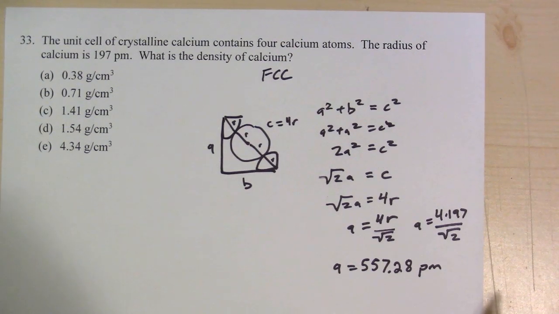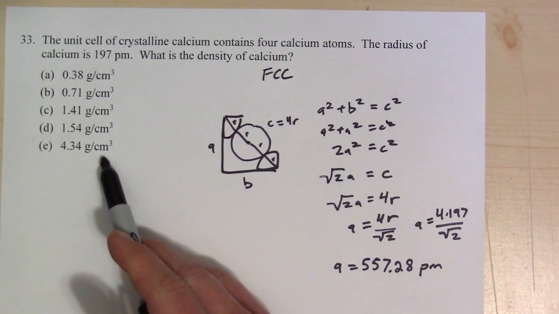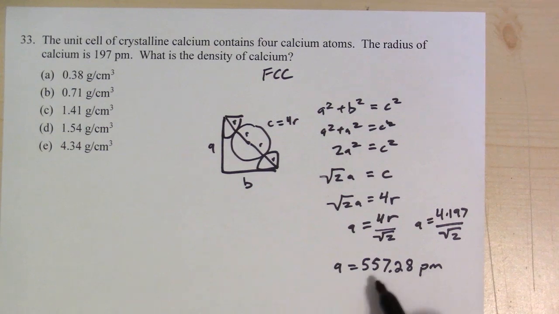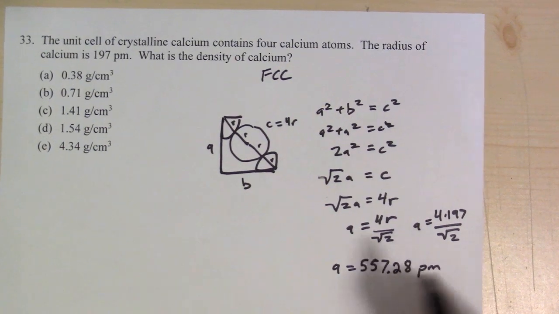We want to solve for the density of calcium, so we need the volume of our unit cell, but we're going to need that in centimeters cubed, so we can convert picometers to centimeters.